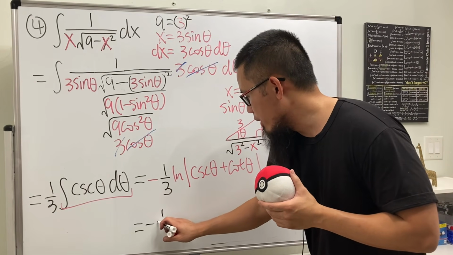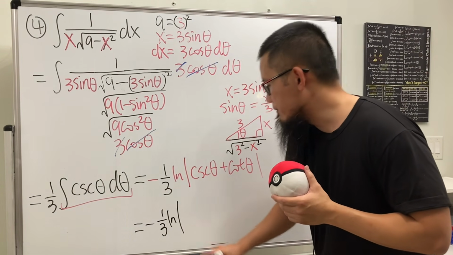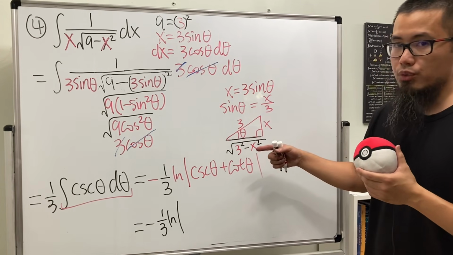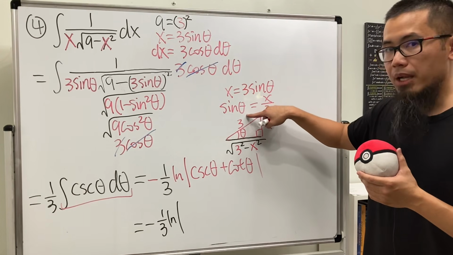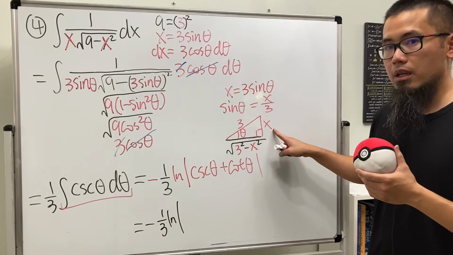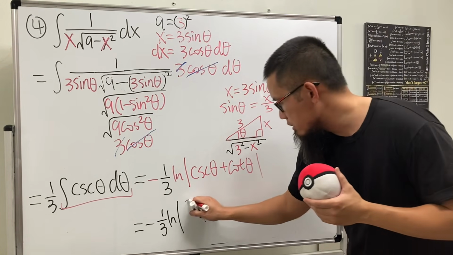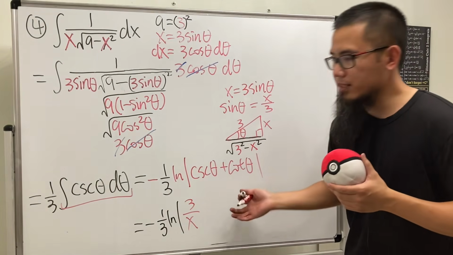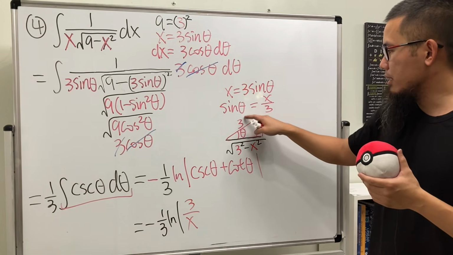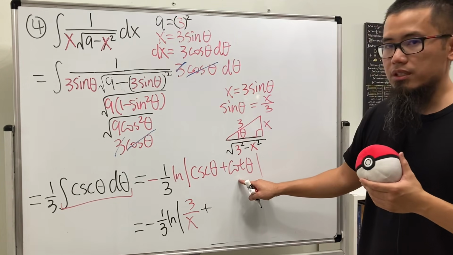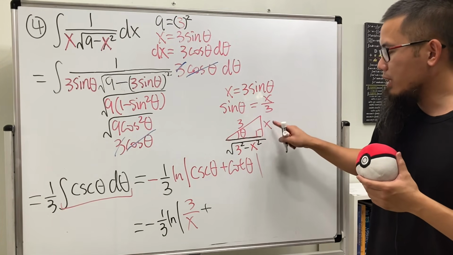We have negative 1 over 3 ln absolute value. Cosecant theta, well, cosecant is just what? Hypotenuse over opposite. So we have 3 over x. It's quite strange, but that's just how it is. This over that. Next, we are going to add cotangent, which is this over that, right?